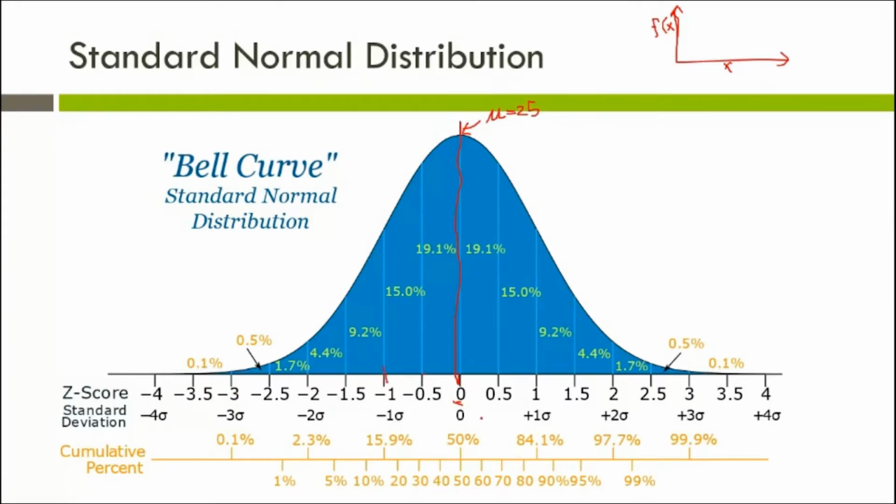Then this one is positive 2 sigma away from the mean. As I have told you earlier, half of this curve is 50% of the total area. So you can see there the cumulative percentage. Then you have the 1%, 2%, 15.9, 30, so on, 99.9, and so on.